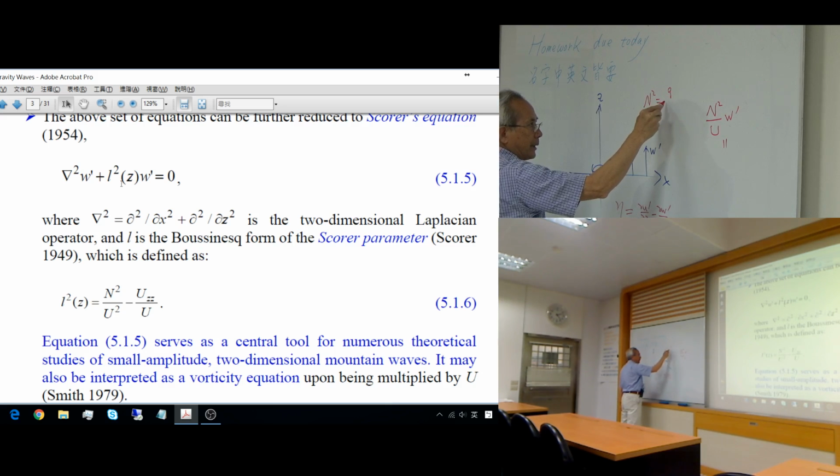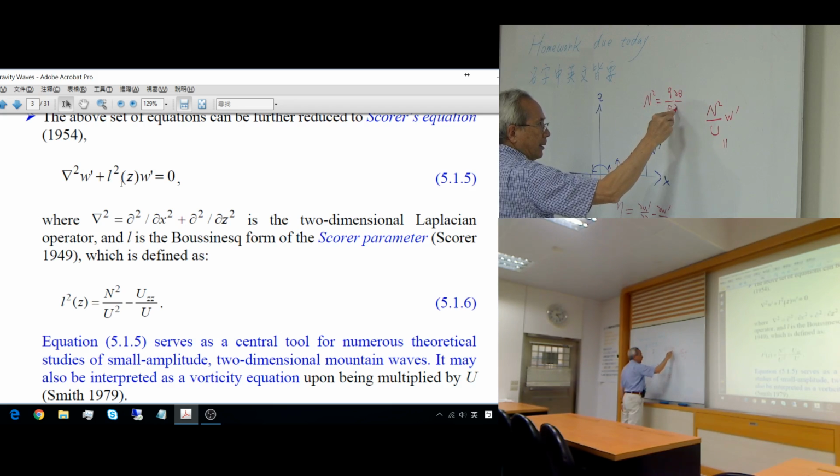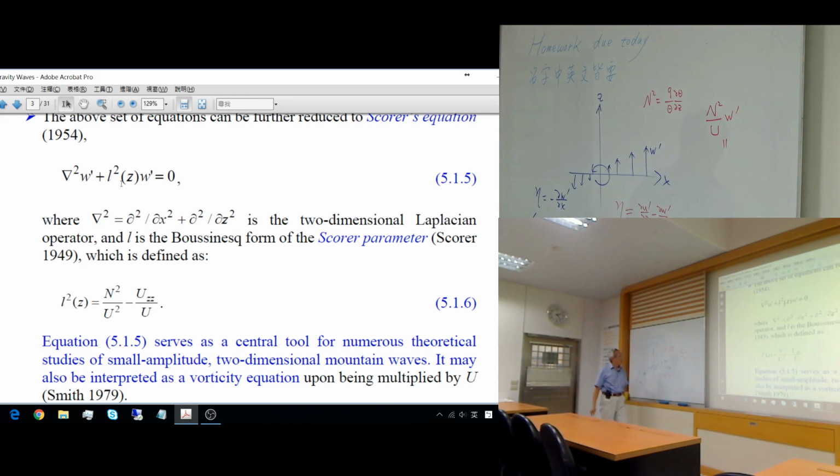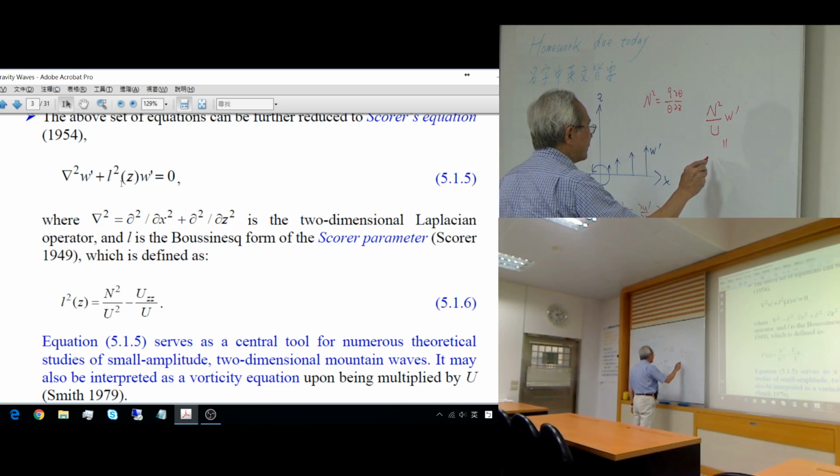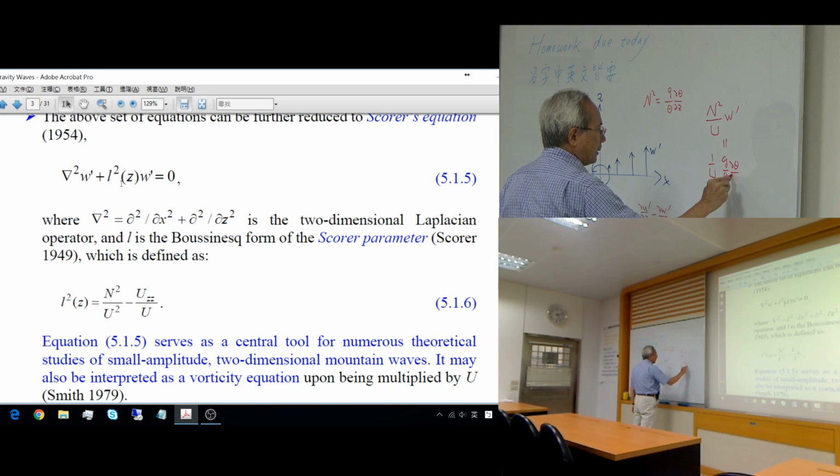Buoyancy frequency: N squared equals g over theta, d theta dz, right? So this equals 1 over theta, g, d theta dz, del prime.